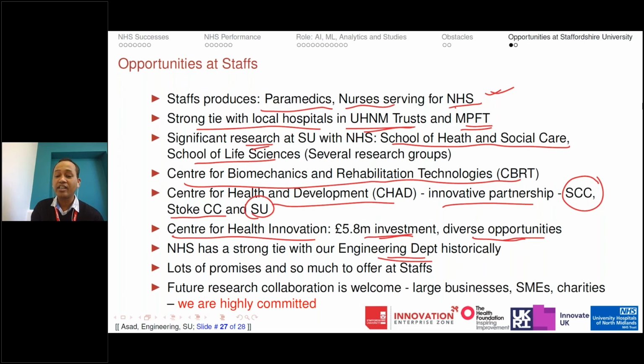We invite large businesses, small and medium-sized enterprises, and charities to come and see what kind of opportunities we have. Please have a look at the spaces we have. Have a look at the previous projects we have accomplished. We are highly committed. So that's what we invite you to do.